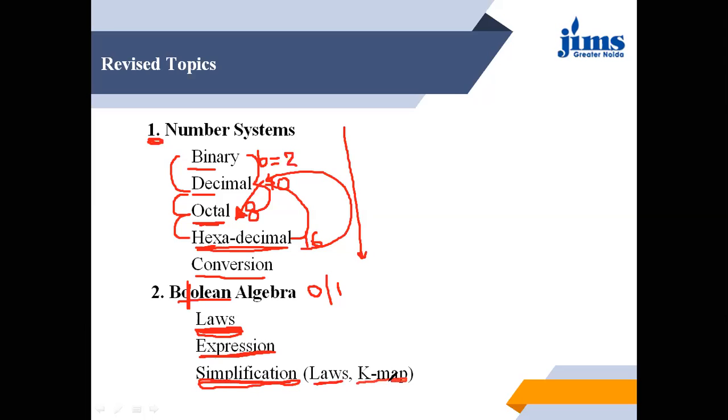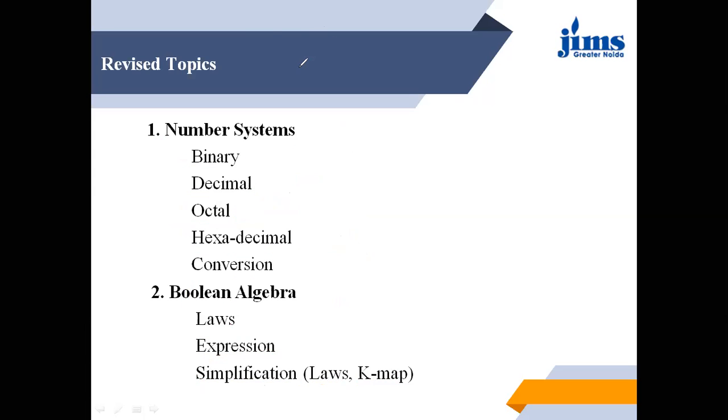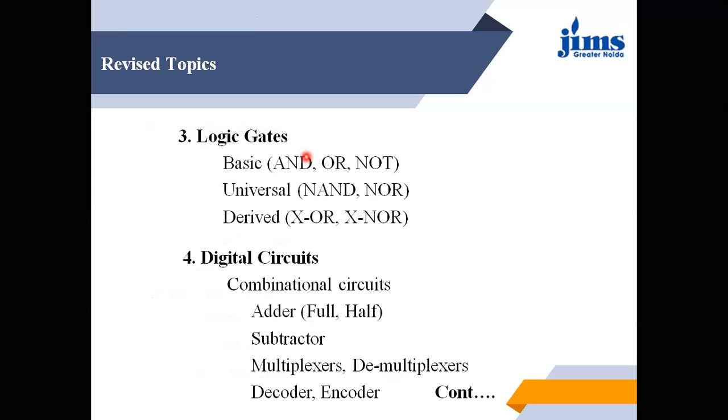And finally, we conclude that K-map is the best technique to minimize the Boolean expression. So number system and Boolean algebra, we discuss all these things. Third, we discuss logic gates. In logic gates, we discuss three basic logic gates, that is AND, OR, and NOT gate.